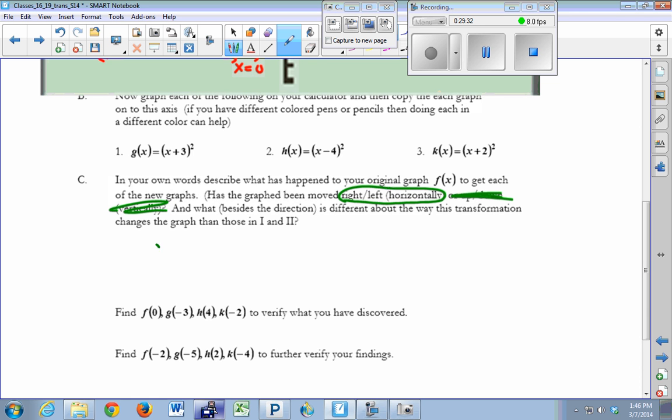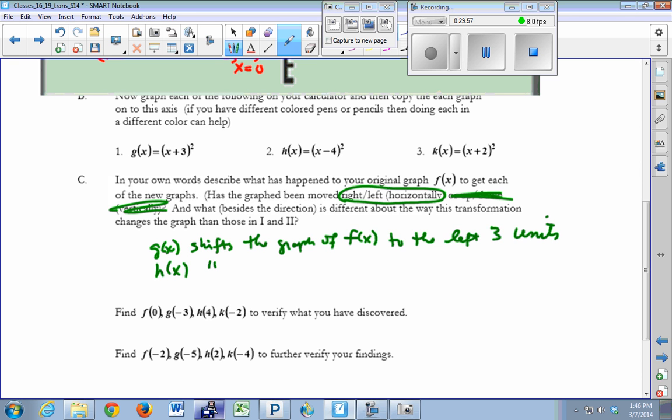So we can say g of x shifts, I'm just changing the language, I could use moves instead, I'm just going to say shifts the graph of f of x to the left 3 units. h of x shifts the graph of f of x to the right 4 units.